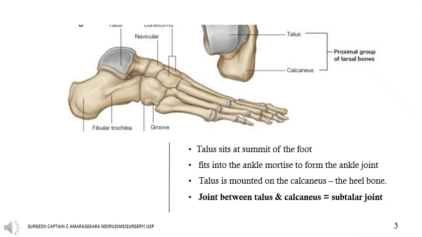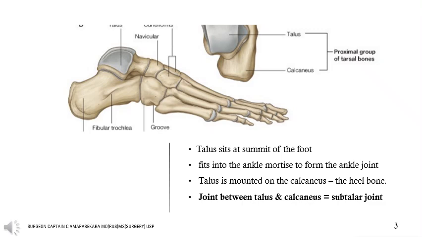In radiological imaging, the talus is often assessed for alignment, joint congruity, and signs of avascular necrosis. The talus sits on the calcaneus, and that joint we name the subtalar joint. The talus is mounted directly on the calcaneus, the heel bone.